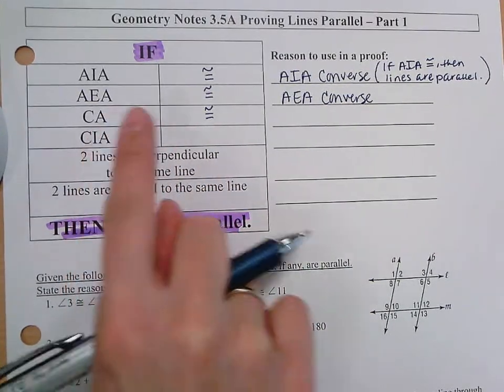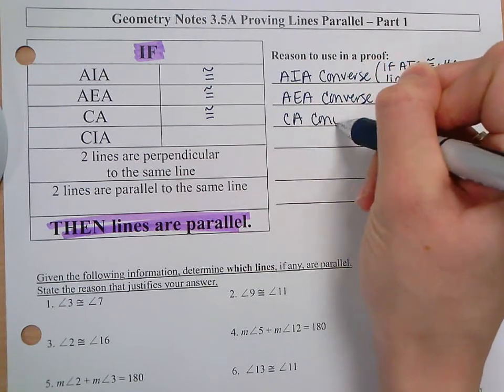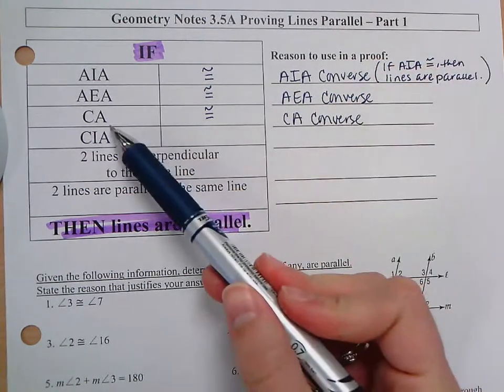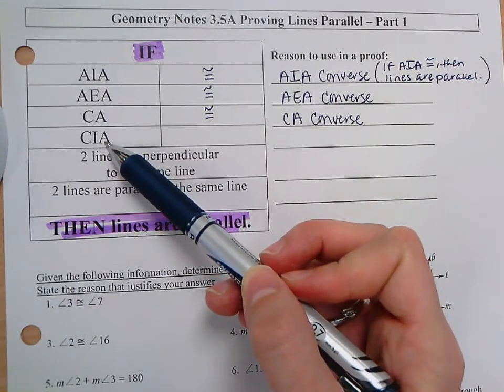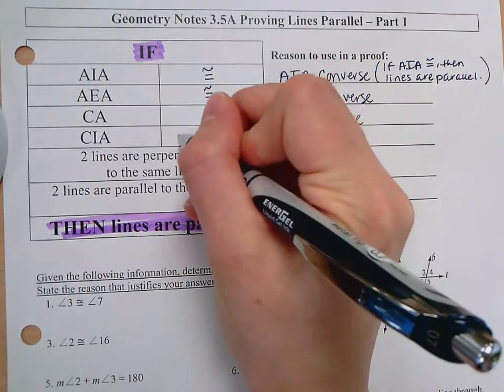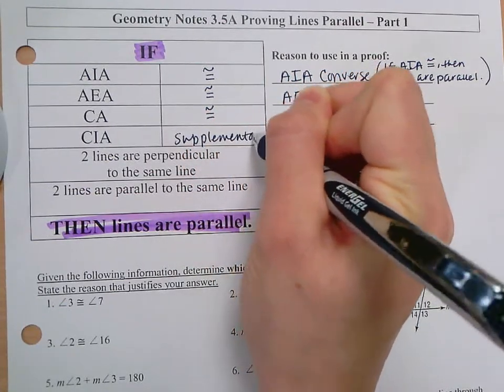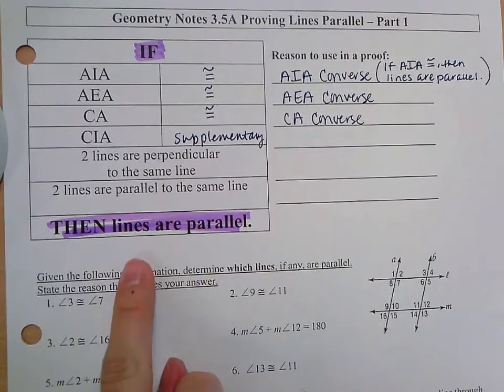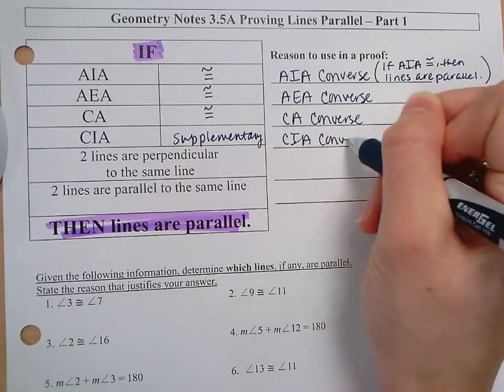So for corresponding, we would have CA, corresponding angles converse. If corresponding angles are congruent, we know lines are parallel. And for consecutive interior, if we know these are supplementary, then we can say the lines are parallel, and that would be CIA converse.